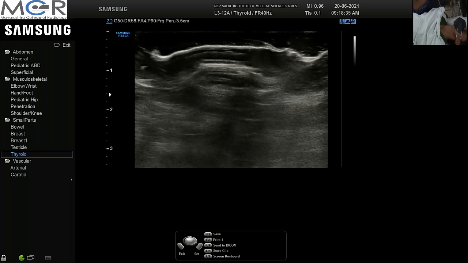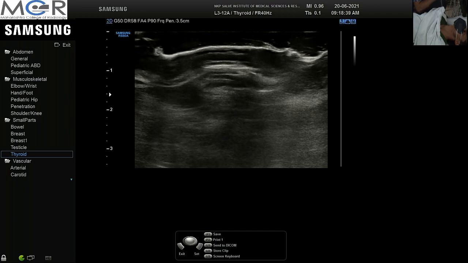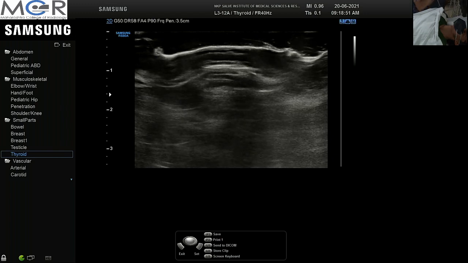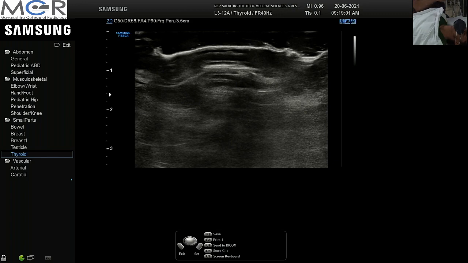So, the ultrasound of the neck, as we all know, is done with the help of a high frequency linear array transducer. The usefulness of the linear array transducer is that apart from being high frequency, it also has a very wide near field of view.